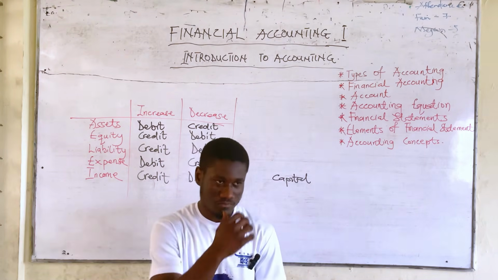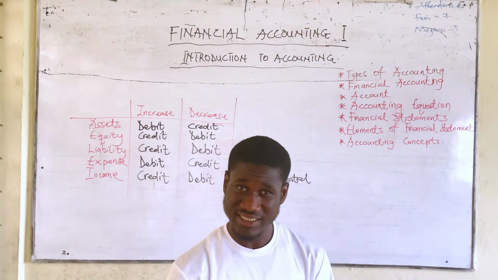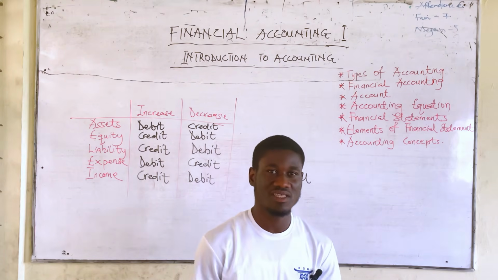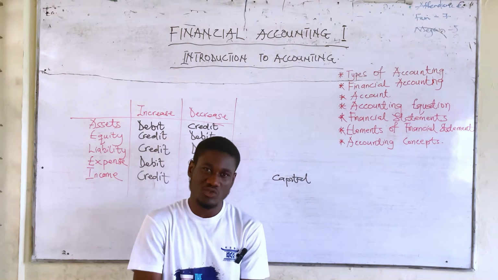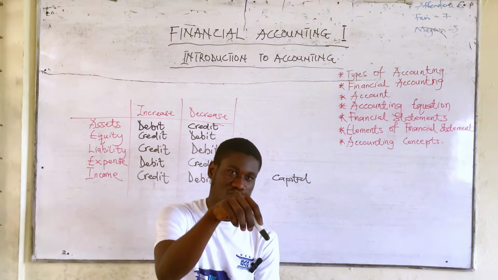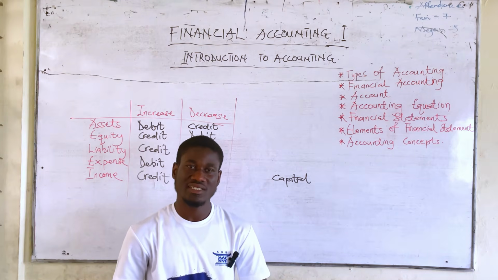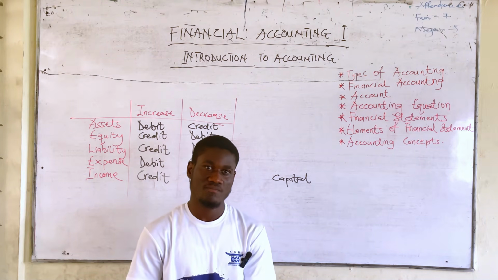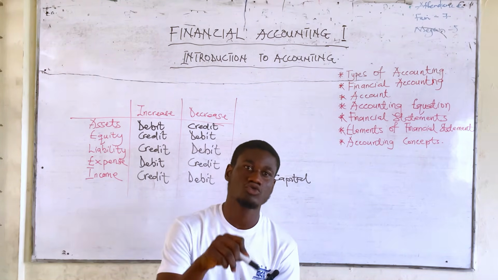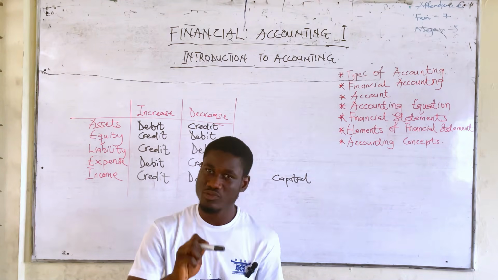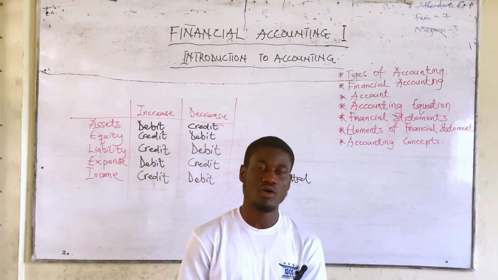Do you get it? Because they have worked and they have to be paid, but we've not given them the salary. But for that particular year in which the event occurred, we have to recognize that transaction and record it. It is not when the money relating to that transaction has been received or paid that we record.